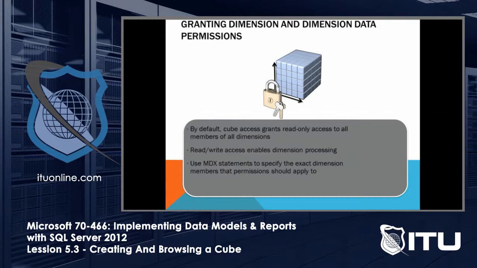MDX statements, we have a whole section coming on how to use MDX and what is MDX. Multidimensional queries is what it stands for. And when we use MDX, we're actually navigating the hierarchy of the cube to find the individual cells that we're going to affect with our permissions and with the groups that are granted those permissions. So we can do that directly.